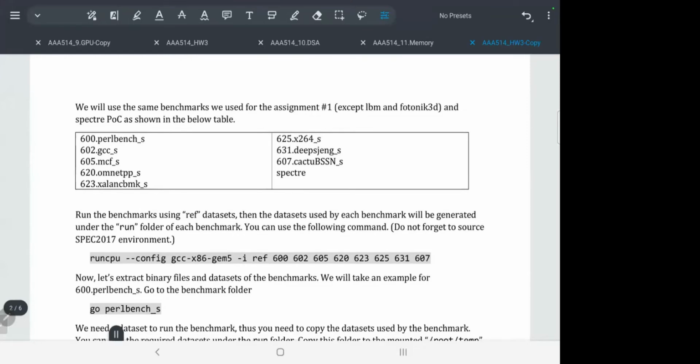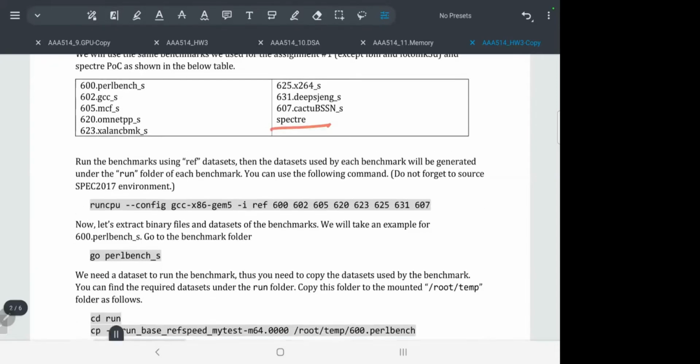Then you can run the compiled benchmarks using gem5. In the first assignment, I selected 10 benchmarks from SPEC 2017, but I found that the last two applications do not work using gem5. So we will test these nine applications. I include the Spectre POC, the proof of concept.